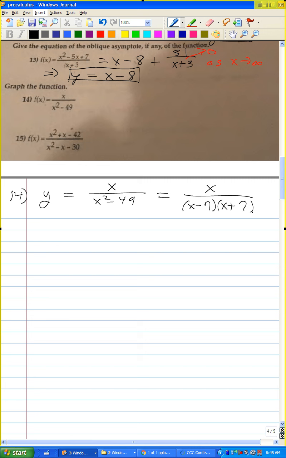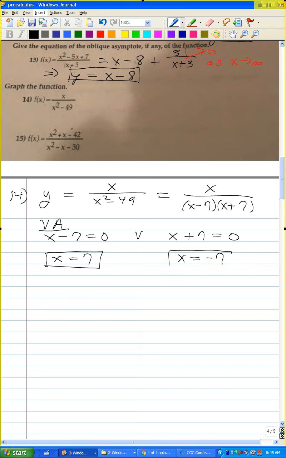So first, let's find the vertical asymptotes. I'll set each factor in the denominator to 0 and solve for x. So x is 7, x is negative 7. Next, let's look for the horizontal asymptote, if it exists.